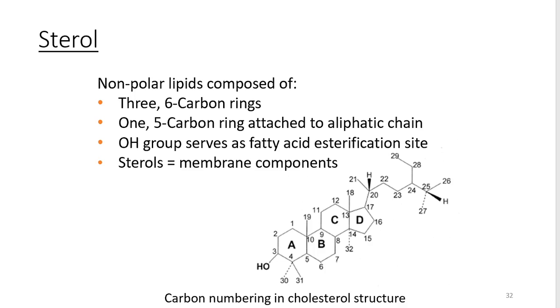So they are non-polar lipid groups. They are composed of 6 carbon rings. A hydroxyl group at carbon 3 makes these compounds surface active. This hydroxyl group makes it surface active.